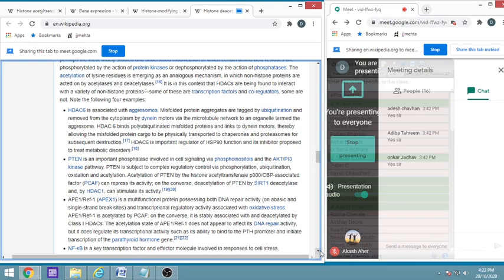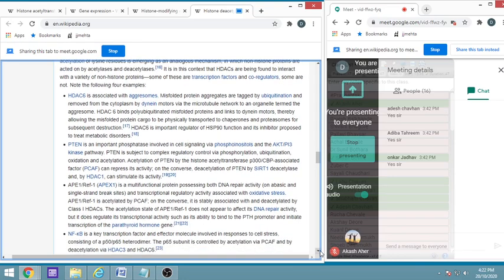Then another phosphatase is there, that is PTEN, and that is signaling via phosphoinositol. If you remember, that is PI3, IP3, or we call it as phosphatidylinositol triphosphate and other things are there. So they are controlled.